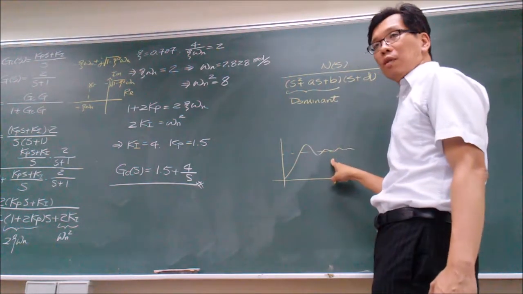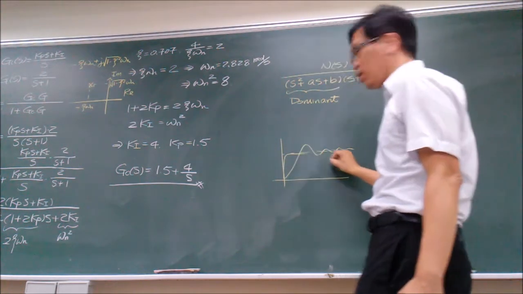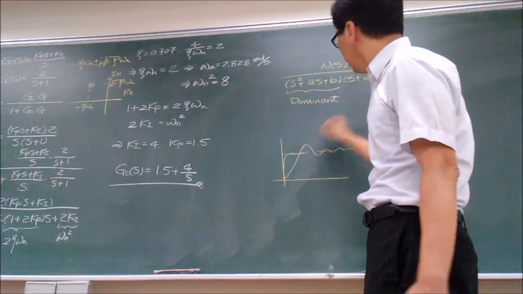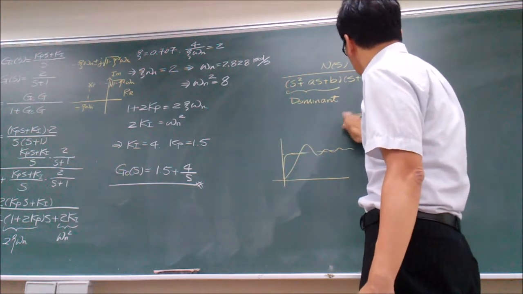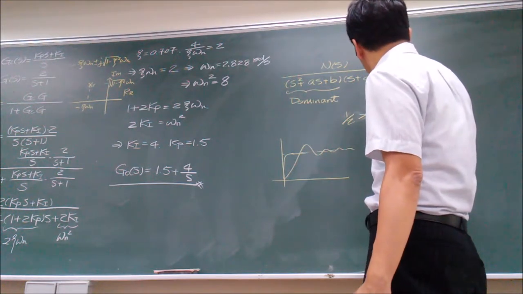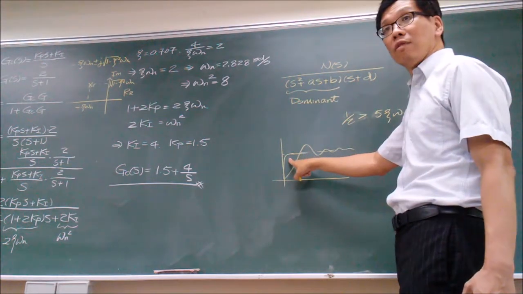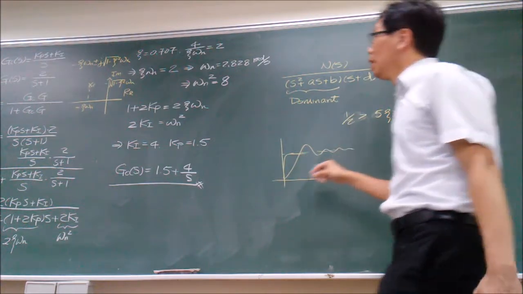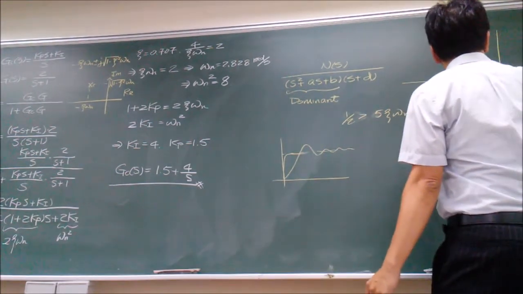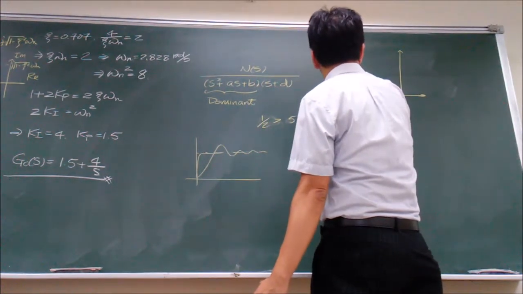Now, do you guys still remember, in order to make this one dominant, what happened to this one? Faster. If this one can be 5 times faster, then we say this is fast enough to be dominated by the second order system. In other words, use this one over here: 2, 3, 4, 5.